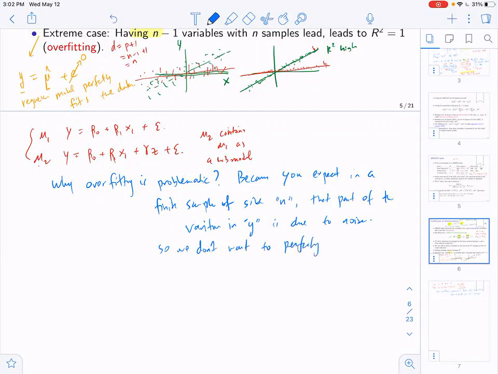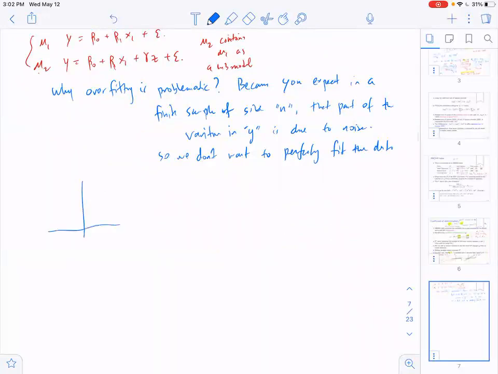For example, if you have a linear model, your true model is y is equal to beta 0 plus beta 1 times, let's say, a star, xi, and you keep generating from this for a certain noise level.